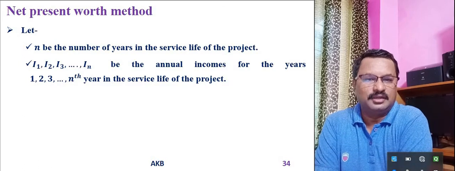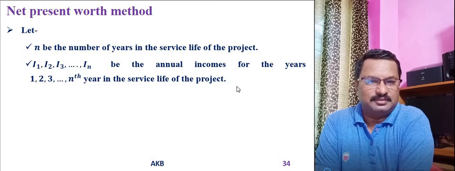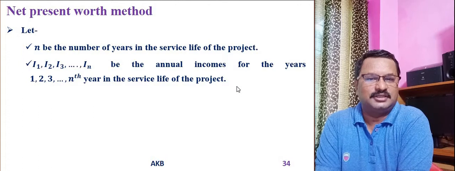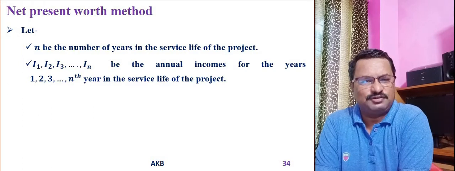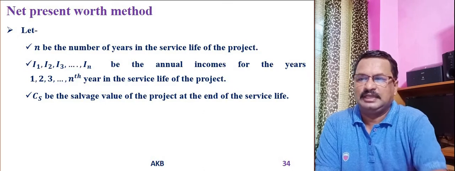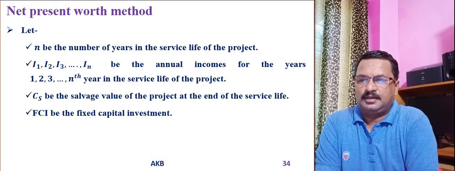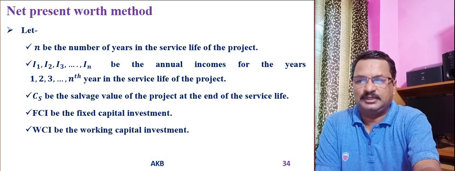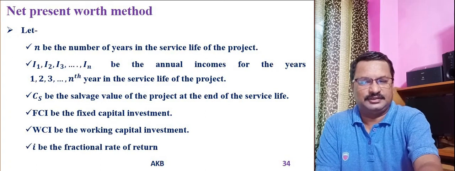These will be the annual incomes for the first, second, third and nth year in the service life of the project. So the nth year will be the last year in the service life of that project. CS is the salvage value of the project, the value that would be obtained by selling the project at the end of its service life. Then FCI is the fixed capital investment, WCI is the working capital investment, and I is the fractional rate of interest.